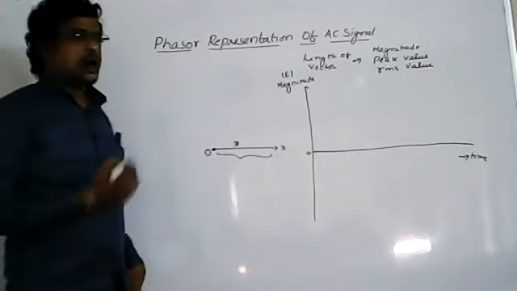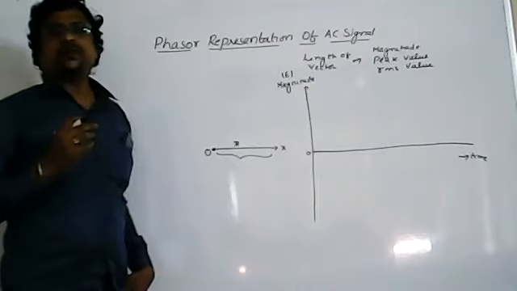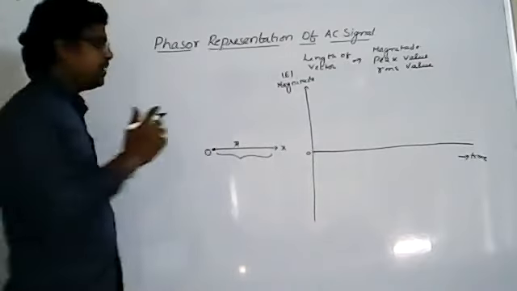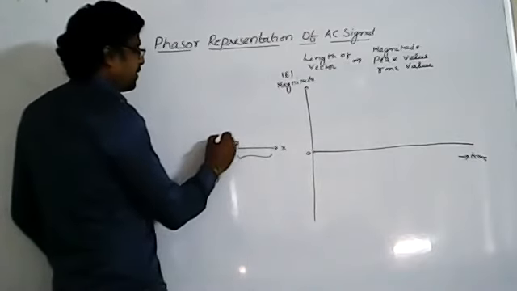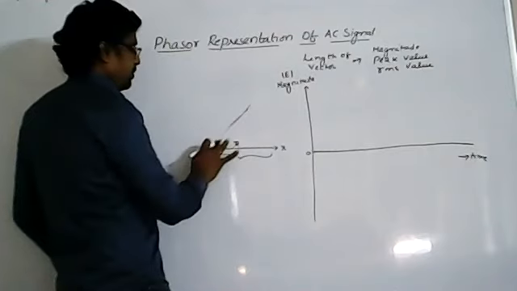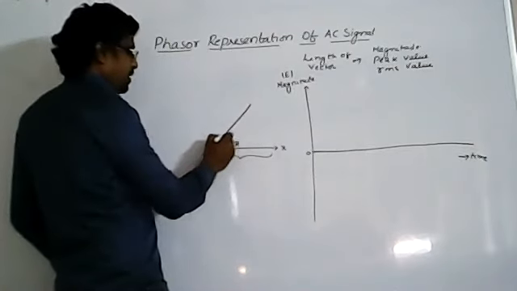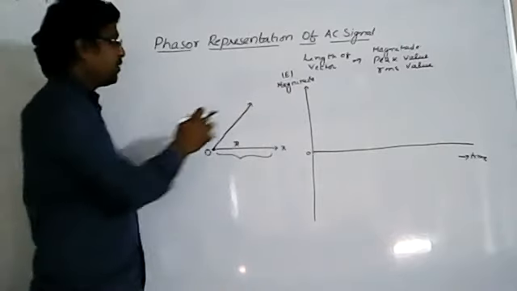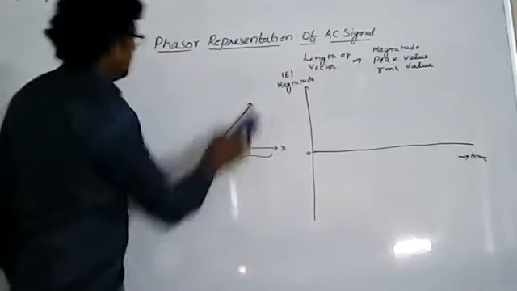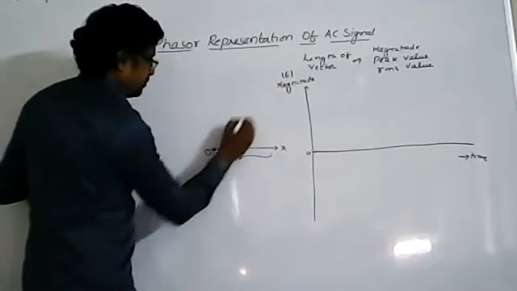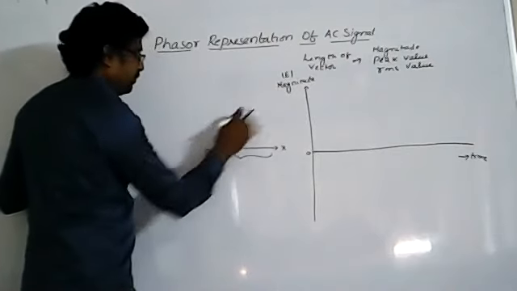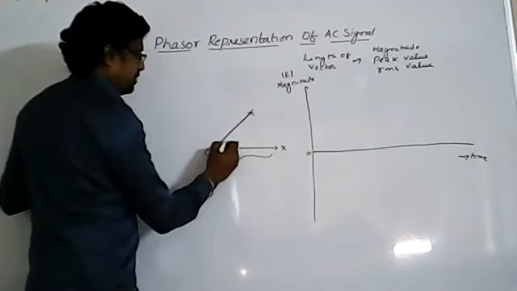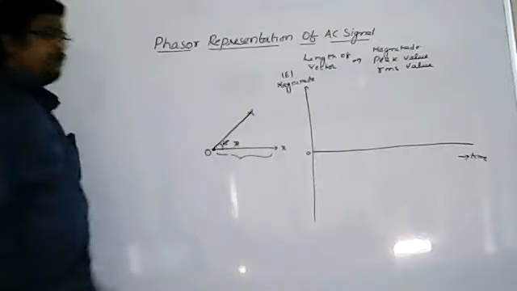Now let us say that after a certain amount of time, t1 seconds, it has made a rotation. I am rotating in anti-clockwise direction. So it has made some angle, let us say 45 degrees.